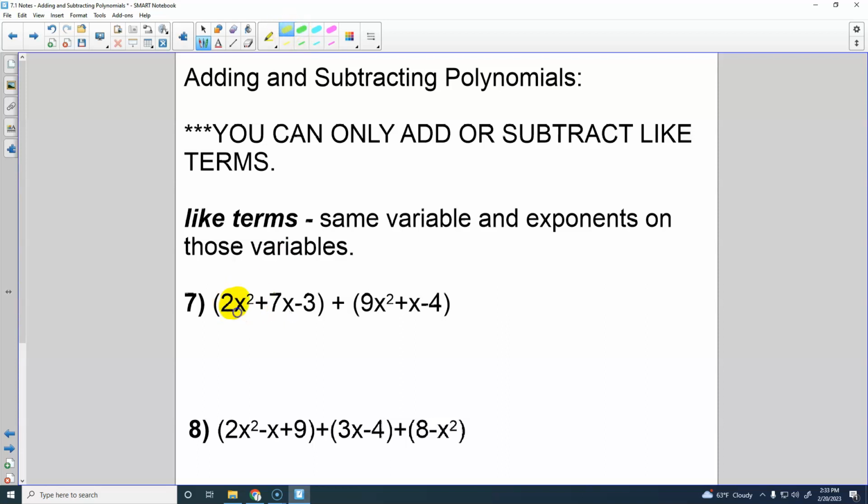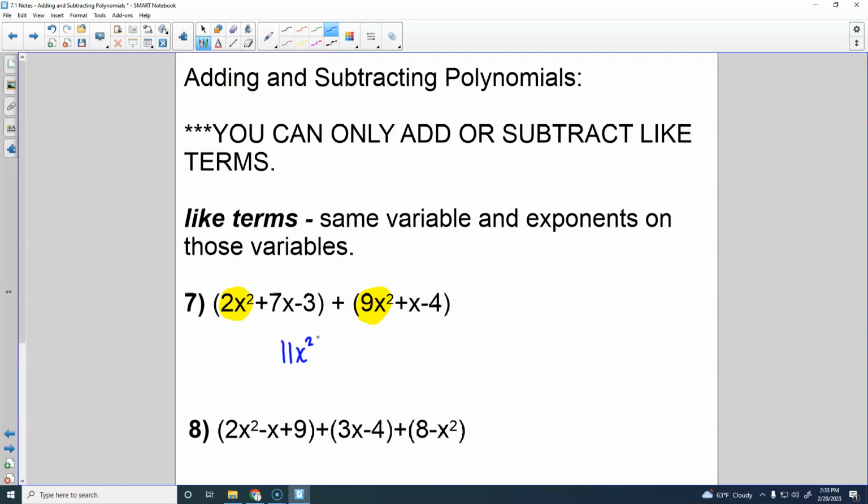But we would take 2x squared and add it to the 9x squared. So we add those like terms. And 2 and 9 will give us 11. And then we'll have x squared. We do not change our exponents here because we're not multiplying those exponents together. To change those exponents, you would have to be doing like 2x squared times 9x squared.